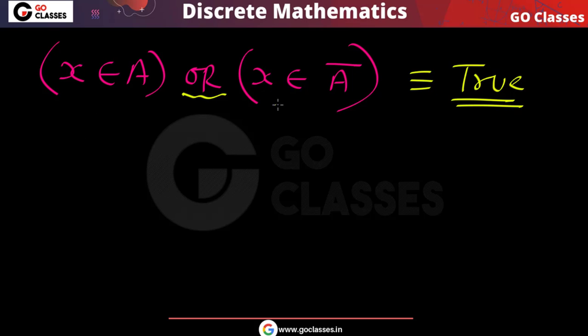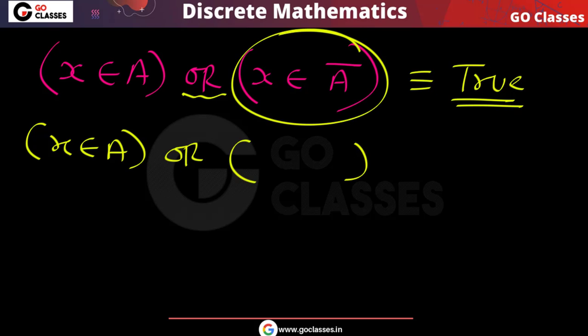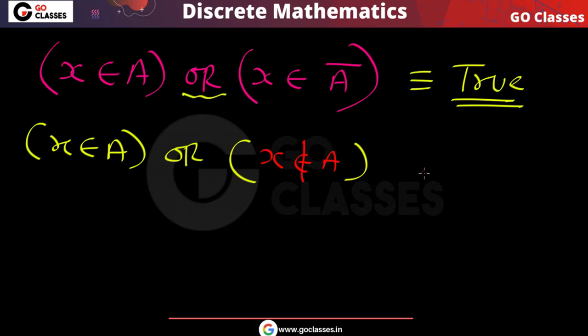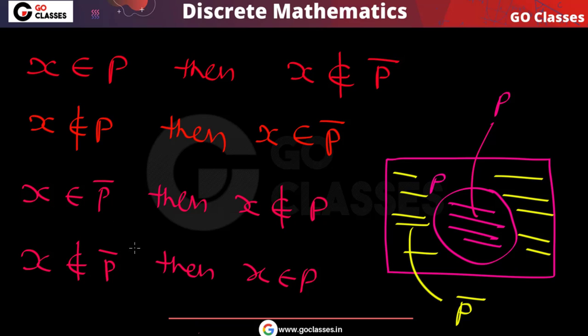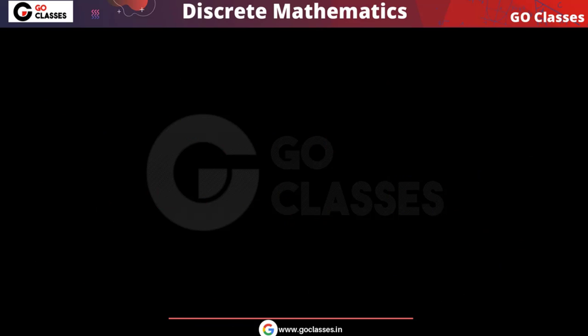X belongs to A bar means X does not belong to A. So either X is in A or X is not in A. This is always true. So all these four are correct.